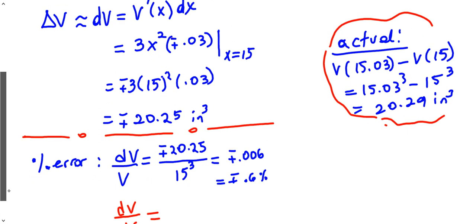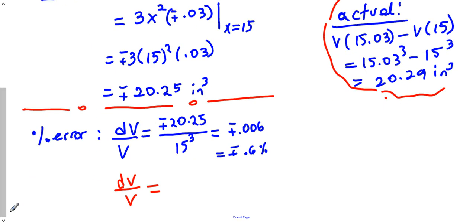So dV is V prime of x times dx, which is 3x squared times dx. And V was x to the third. So you will see some simplifications here, like x to the second over x to the third is 1 over x. So you're going to have 3 times dx over x.